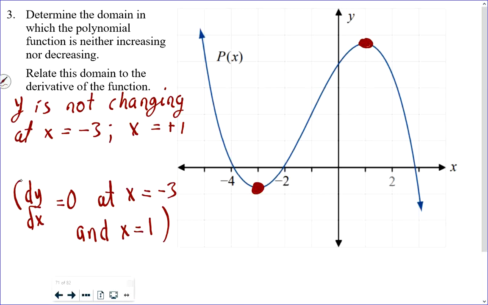So if I put this all together, the answer to number 1 was this. The answer to number 2 was this. And the answer to number 3 are those two brown points.